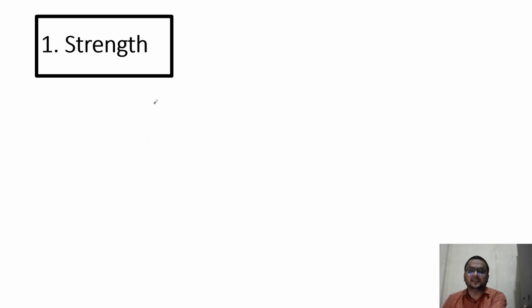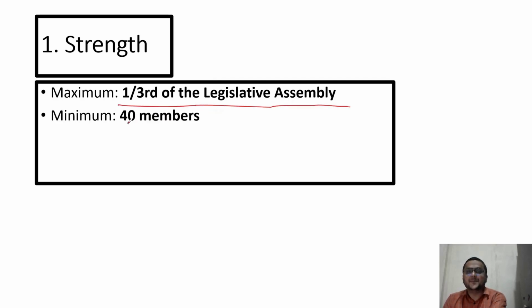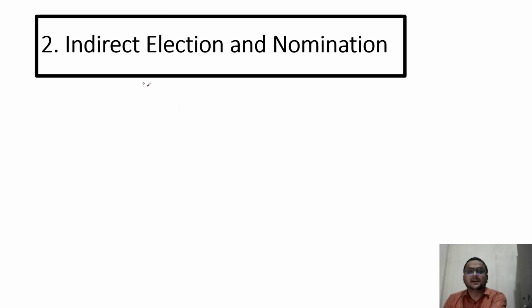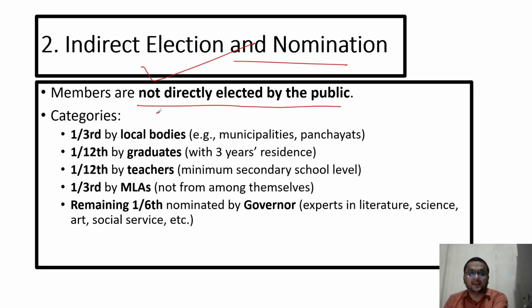The total strength in the Legislative Council has a maximum of one third of the Legislative Assembly and a minimum of 40 members. There is indirect election in the Legislative Council, and nomination. Members are not directly elected by the public. Which categories of people are there?